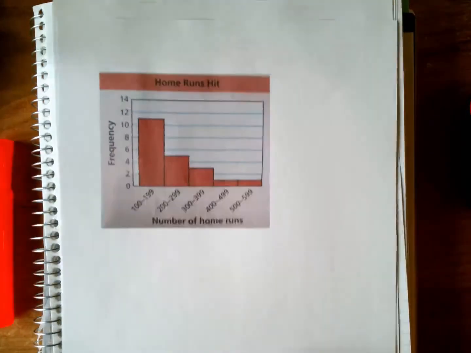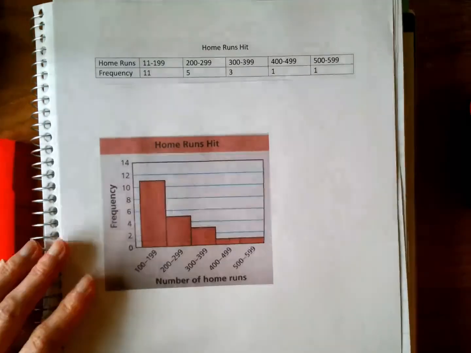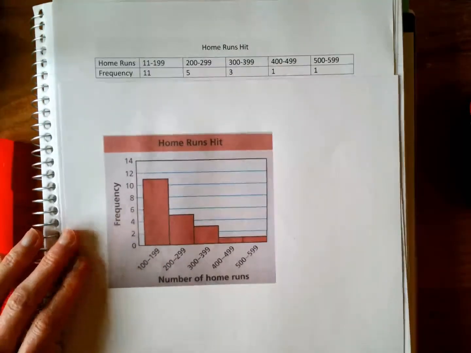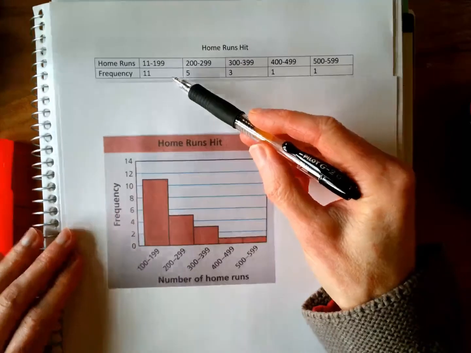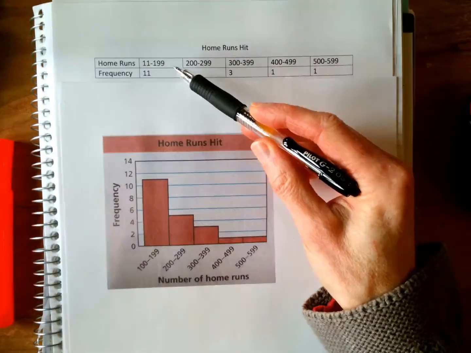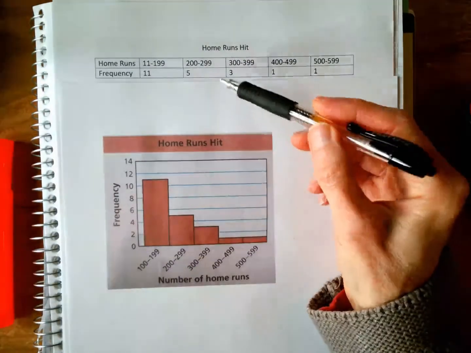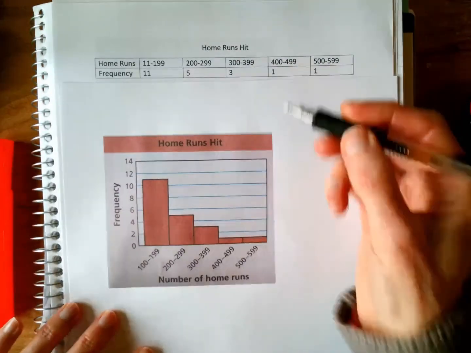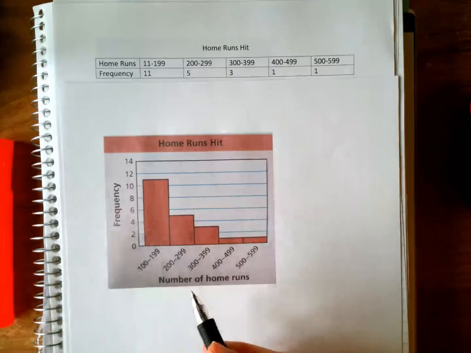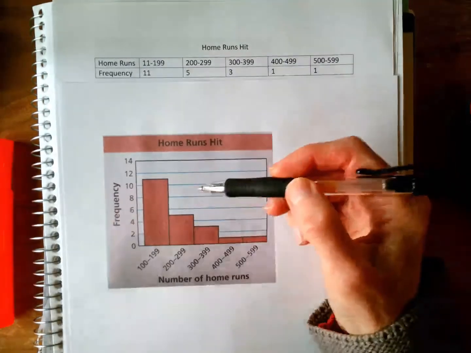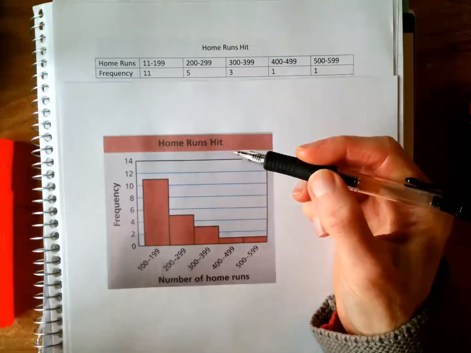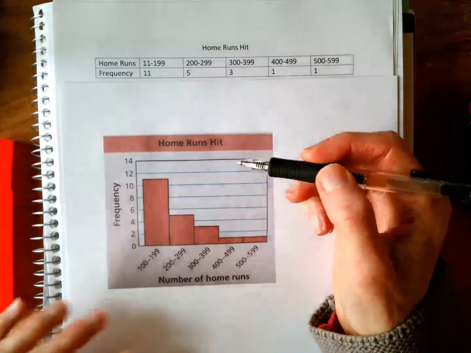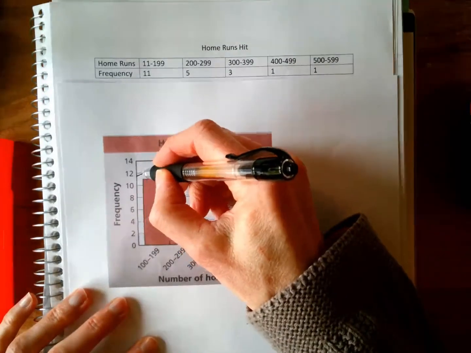Okay, so now we're going to look at home runs hit. So you can see that we have a frequency of 11. We had 11 occurrences of 11 to 199 home runs, 5 occurrences of 200 to 299 home runs, so on and so forth. When we put these into the graph, by even looking at it right away, I can see that this graph has data skewed on one side of the graph more than the other.